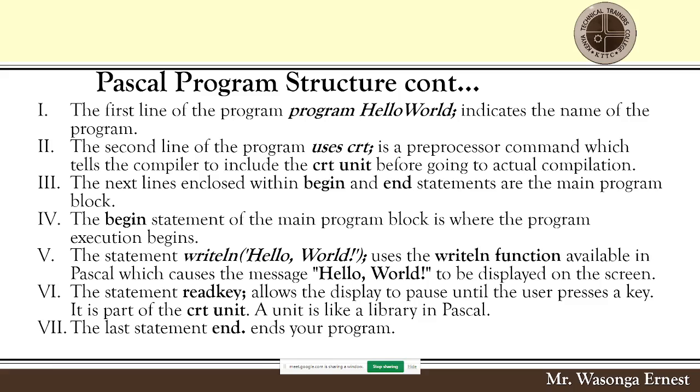This CRT unit is where the writeLine, the readKey and even the readLine commands are stored, so that when you use them, your program will know where they are defined. So the next line of code is enclosed within the begin and the end statements, and this is the main block or the main body of the program.